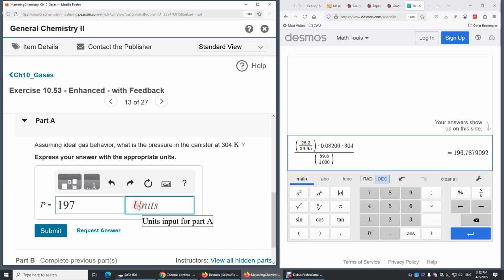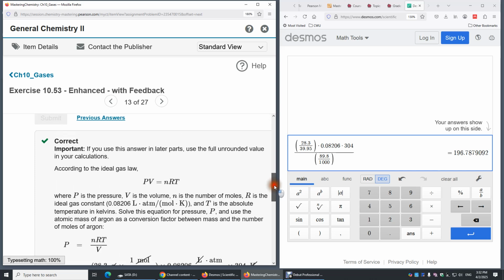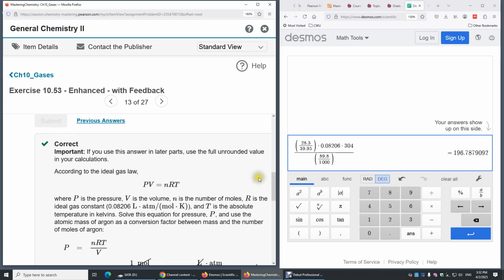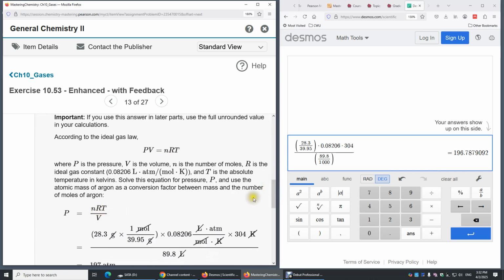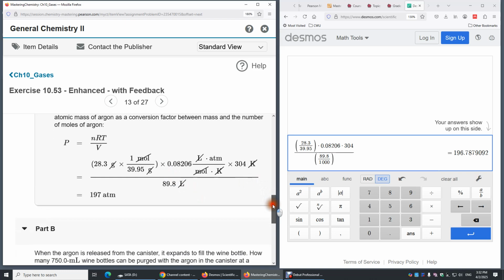The unit is atm. PV equals nRT, so pressure is nRT over V. We plug in all the numbers with the proper units, of course.